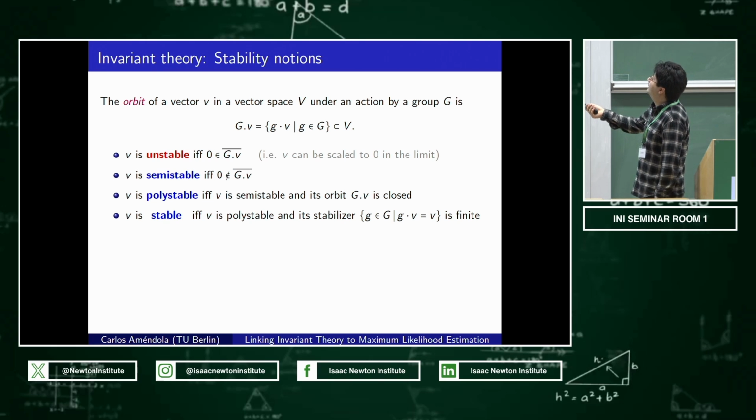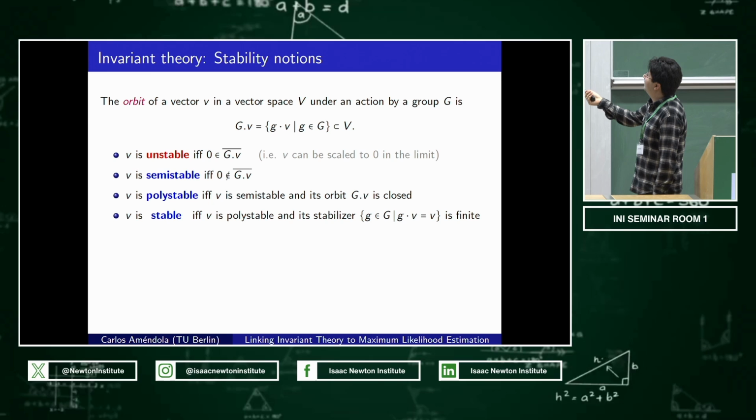The first one is that if you are able to scale v to 0 by elements of G in the limit, so this is a closure, then this v is unstable. That will be bad, as the name suggests.